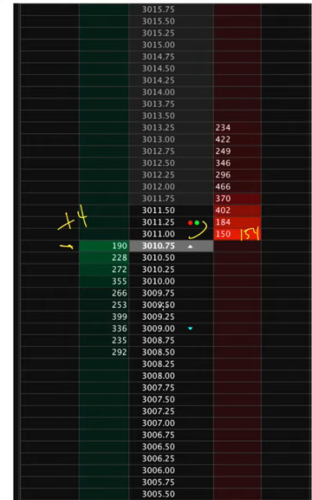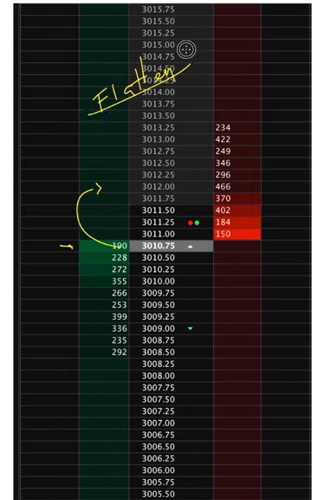Now, another scenario is when you press the flatten bar. Flatten means the next available market price. So if the price comes all the way up to here and you press flatten, that doesn't necessarily mean you'll get filled here.